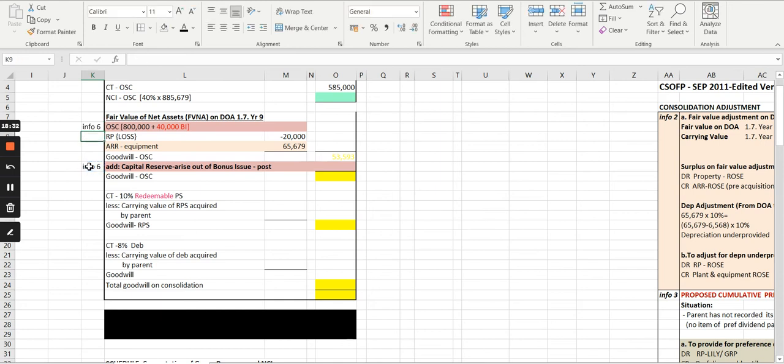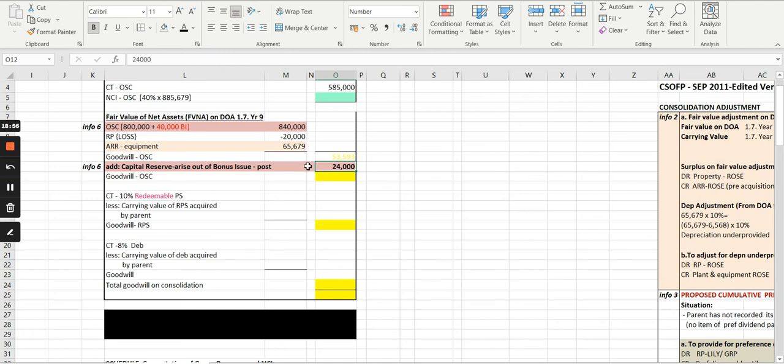So what you need to do is your bonus issue will affect your share capital. So therefore, the share capital that you will include here is after considering the bonus issue. And doing the debit to the goodwill means to add to the goodwill that 24,000.